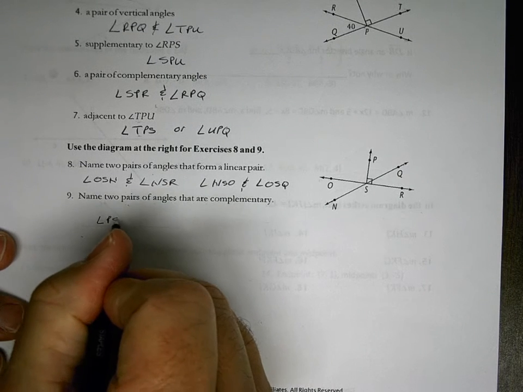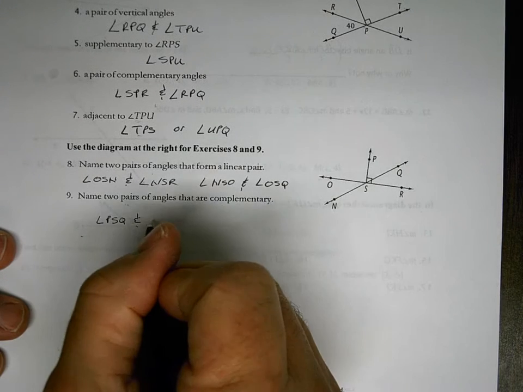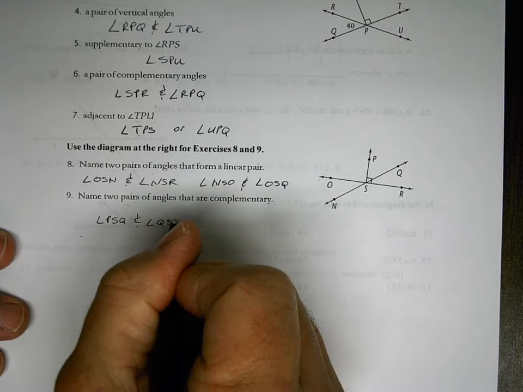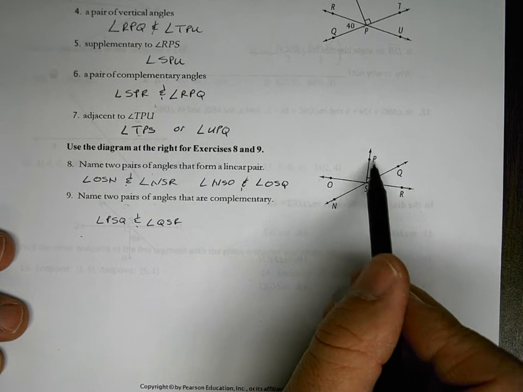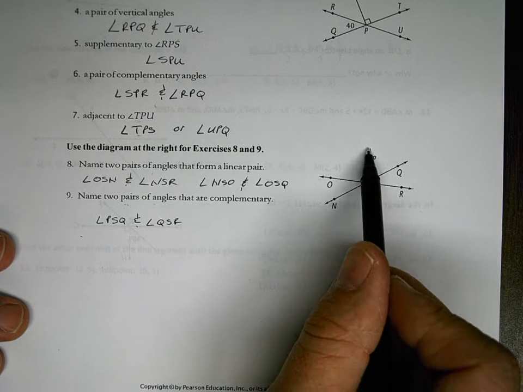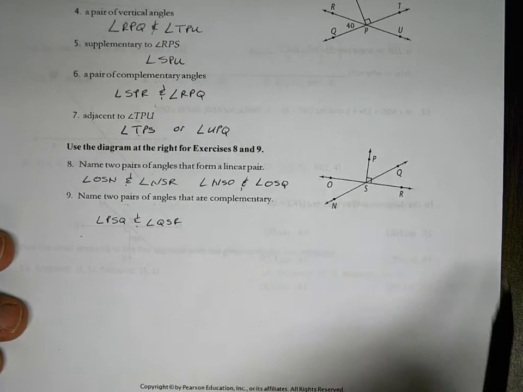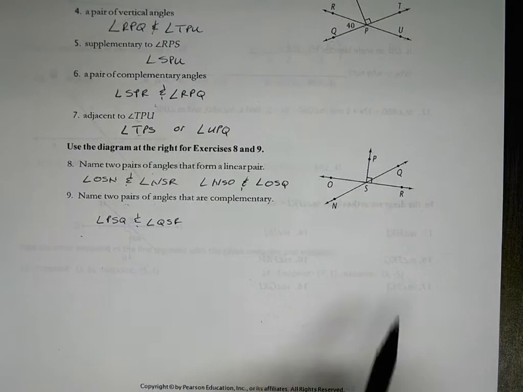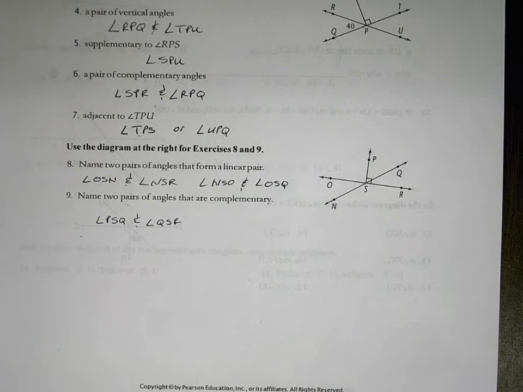Angle PSQ and angle QSR are complementary because you can see that angle PSR is a right angle and angle PSQ and QSR are two angles that create PSR. So these two angles are clearly complementary.